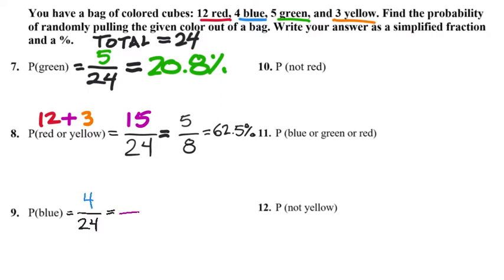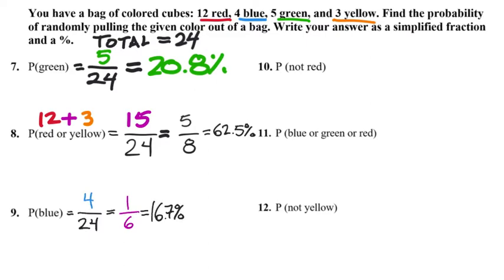Again, the calculator would do this for you, but 4 divided by 4 in the numerator is 1. In the denominator, 24 divided by 4 is 6. So that'd be 1/6 as our fraction. And we've seen that percentage before, but I'm going to have to put it in my calculator again. 0.16 repeating, which then makes that, again rounding to the nearest tenth, 16.7%.